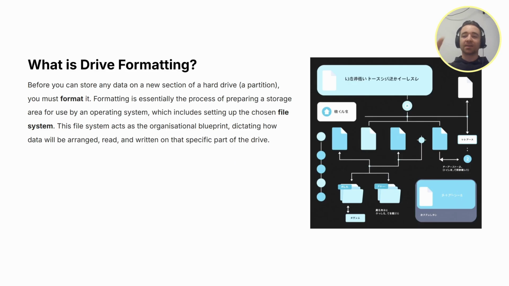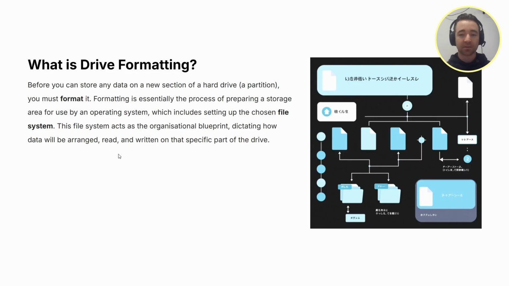And 2, we're going to set it to work with a specific type of file system. So you can think back to the last exam objective where we talked about the different file types. When we're formatting a drive, we might choose ext4, or we might choose exFAT, or we might choose NTFS, right? Depending on how we want to use it. The formatting process is where we choose how to do this. So roughly that's what formatting is, okay?